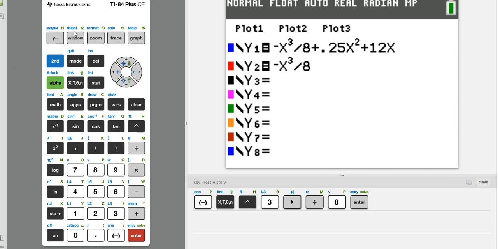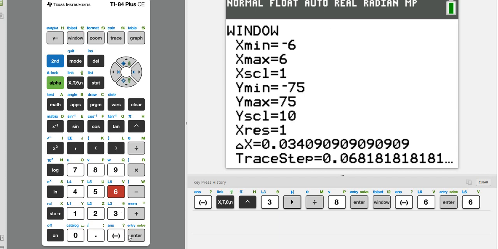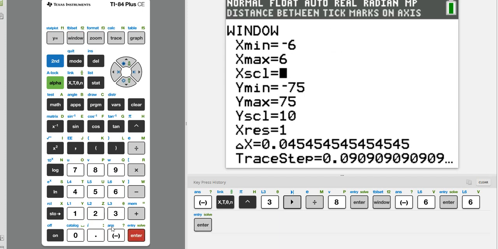Now I'm going to modify the window that I have there for you. I'm going to start by graphing it from, say, negative 6 to 6. And now I'll go with negative 75 to 75. Let's see what that does for our graph. So if you want to come up with the same settings, there they are.